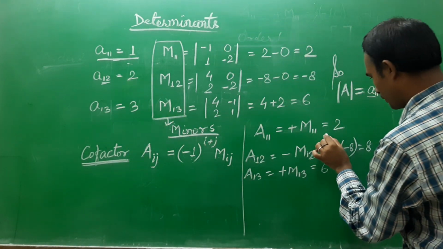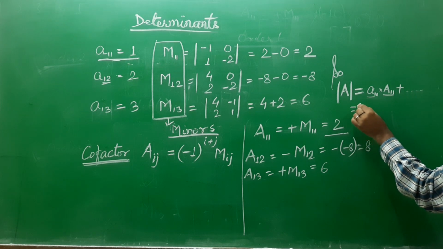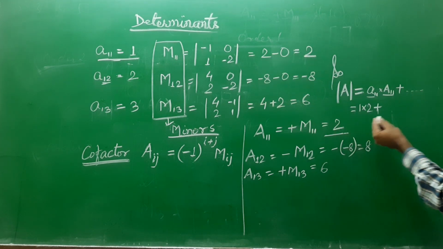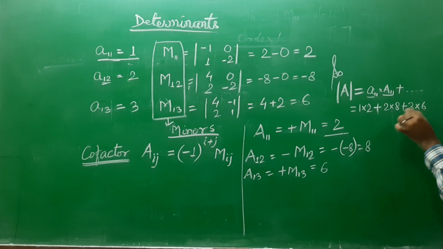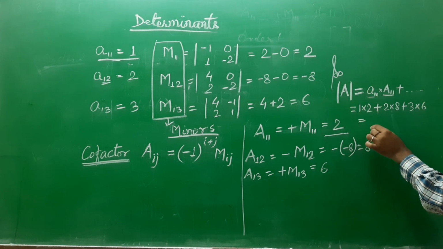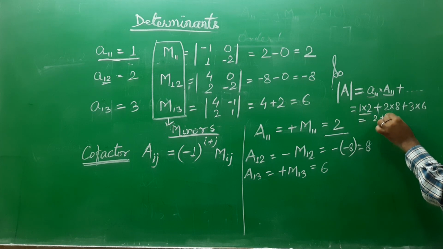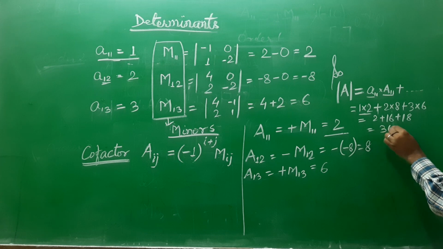So 1 into 2 plus 2 into 8 plus 3 into 6, and this is the determinant of order 3. 2 plus 16 plus 18 is 36.